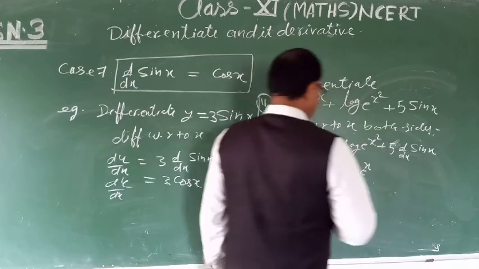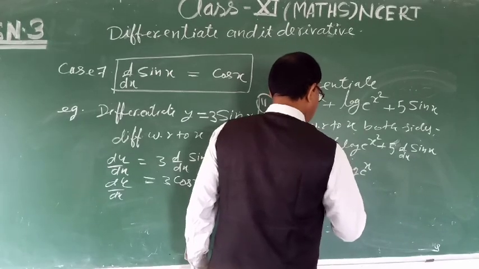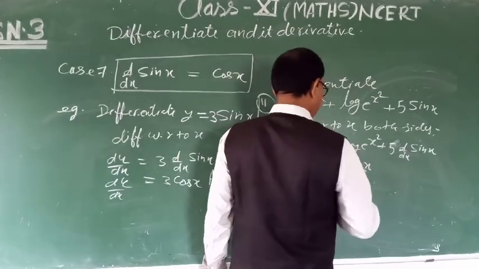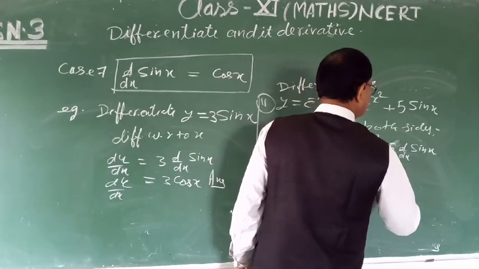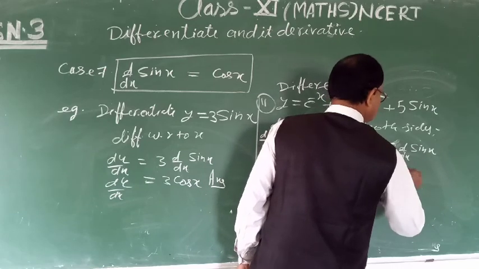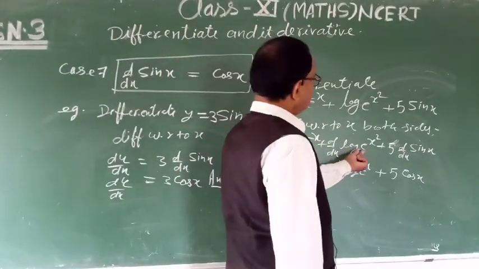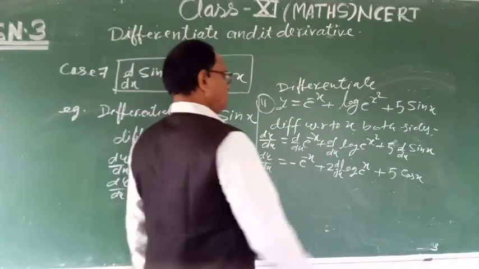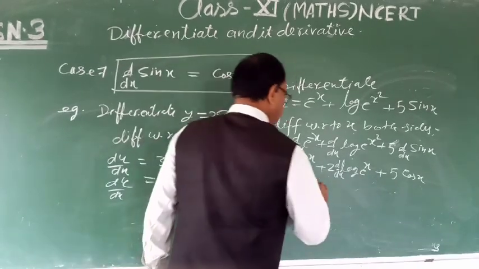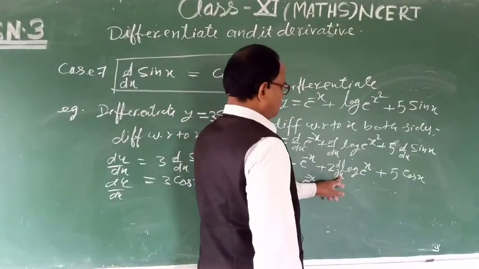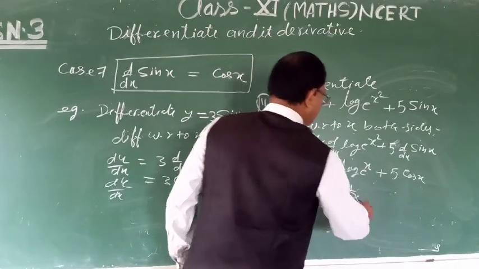And 2 and d upon dx of log e to the x, and here 5 sin x cos x. D upon dx log e to the power x square, and here minus e to the power minus x plus 2 d upon dx log e to the power x is equal to 1 by x.